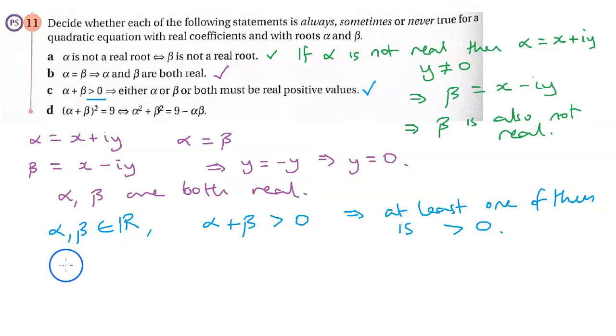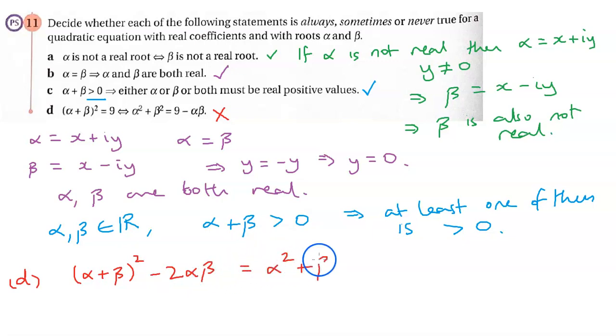And lastly, for part D, we got alpha plus beta squared equals 9 if and only if alpha squared plus beta squared equals 9 minus alpha beta. Wrong. As we've already seen, alpha plus beta squared minus 2 times alpha beta is equal to alpha squared plus beta squared.